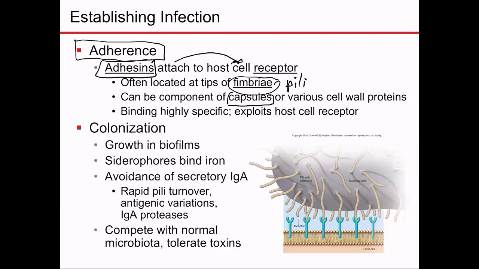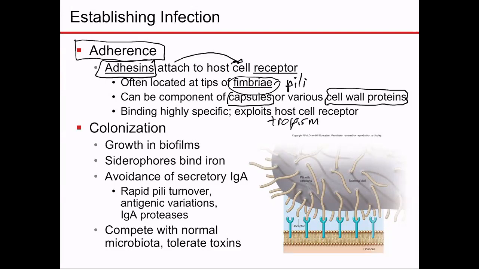It could be cell wall proteins on the surface that can interact with the cell receptor in the host. Now, that binding is going to be highly specific, and it's going to look for a particular receptor, and this will determine what we call tropism. Only those cells, those tissues in which that specific receptor is present, will be the only ones that could be infected.